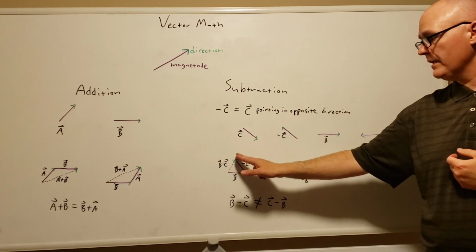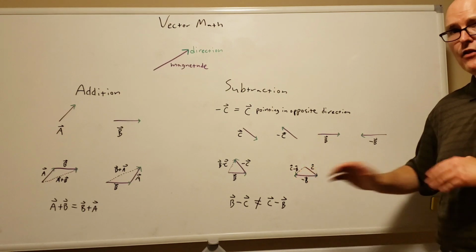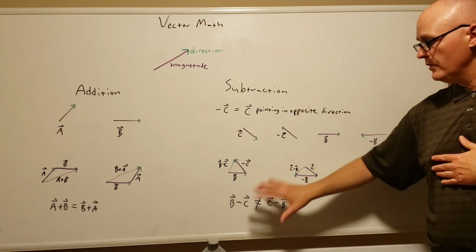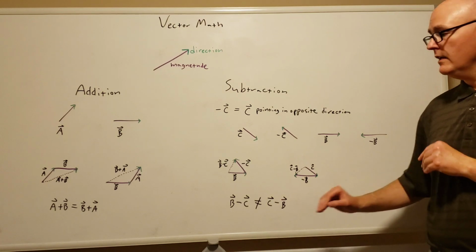This vector is pointing in this direction. This vector is pointing in that direction. They are not equal. So subtraction is not commutative.